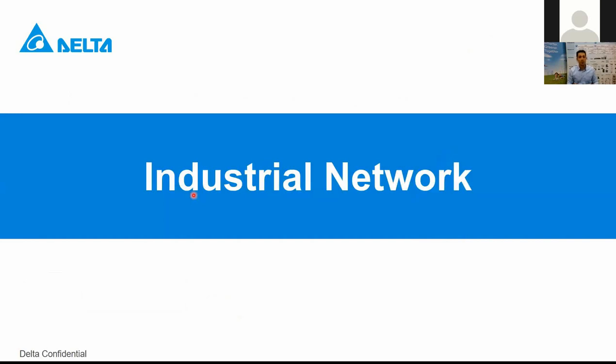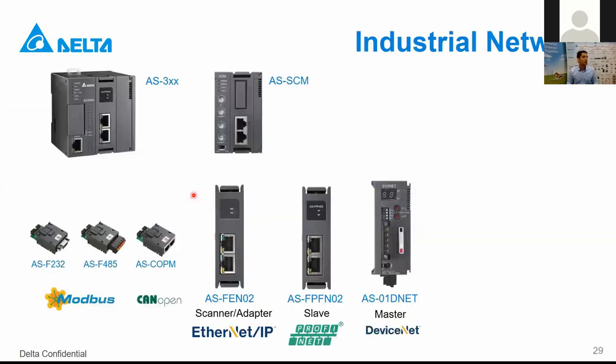Okay, let's have a look at industrial network 2. These are the CPUs which support function cards, and we have a communication module which also supports those function cards. So we can customize the AS300 CPU or the communication card.